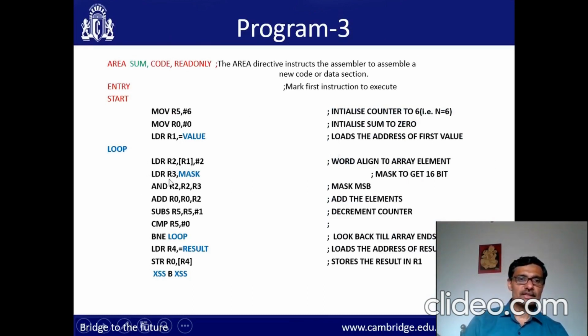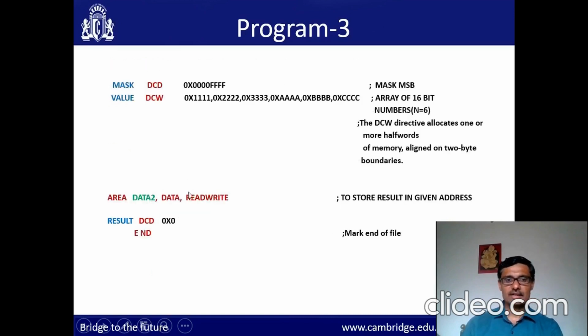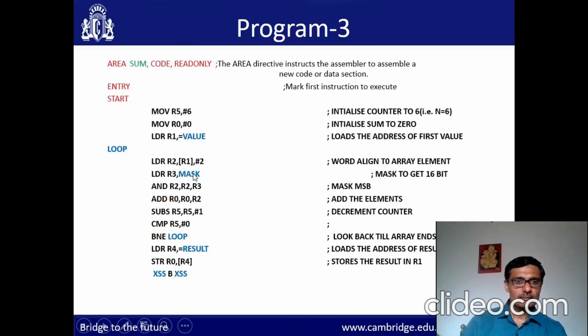Here we are using a mask. Mask is already defined. Here you see mask is defined as a 32-bit number. So 0x0000FFFF is a mask, and that mask is copied into R3. So R3 has a mask. Then you perform an AND operation between R3 and R2.